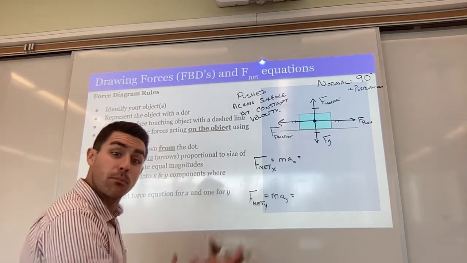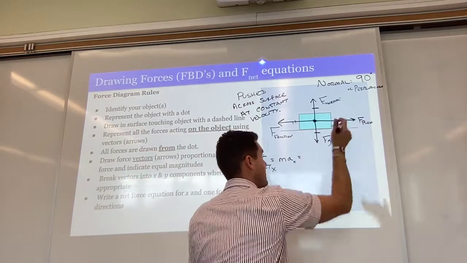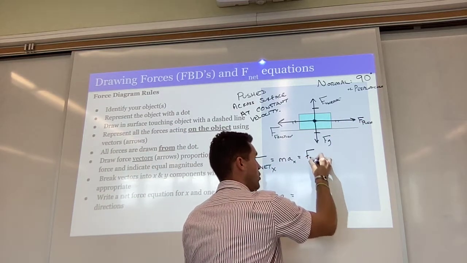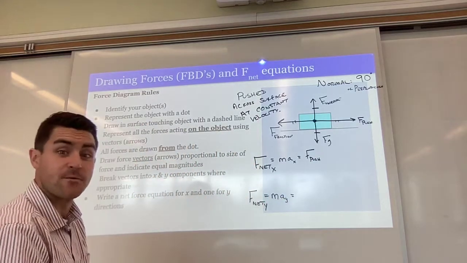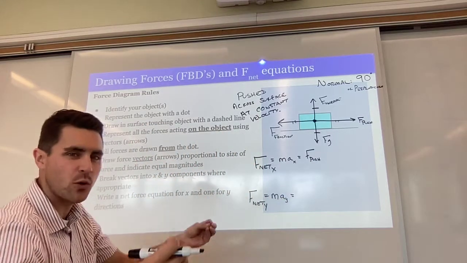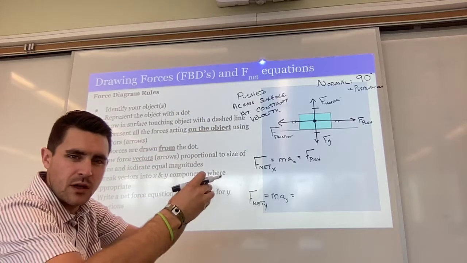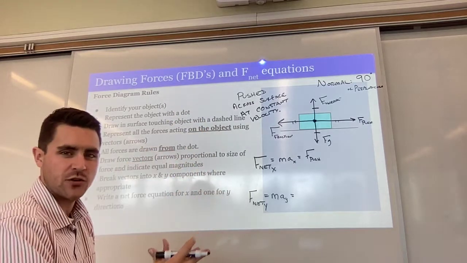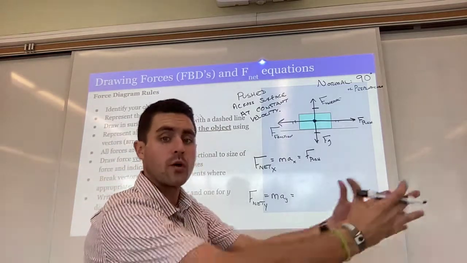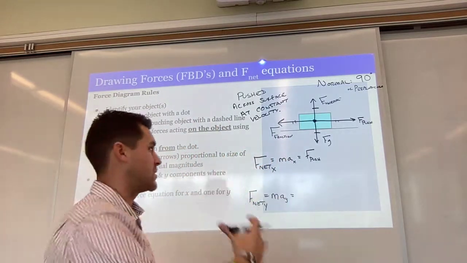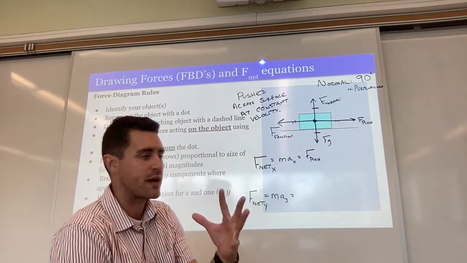F net x has a push force. That's one force. I can look at my diagram. I see there's a push force, F push. It's going to the right. I also have a friction force. The question is, are these forces being added together or are they subtracting from each other? Is the push force and the friction force causing things to accelerate more and more, or are they working in opposite directions? Because vectors have direction.